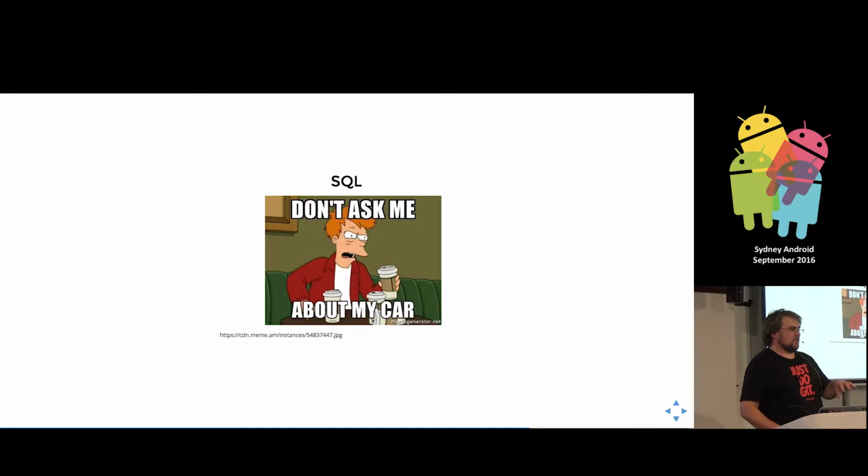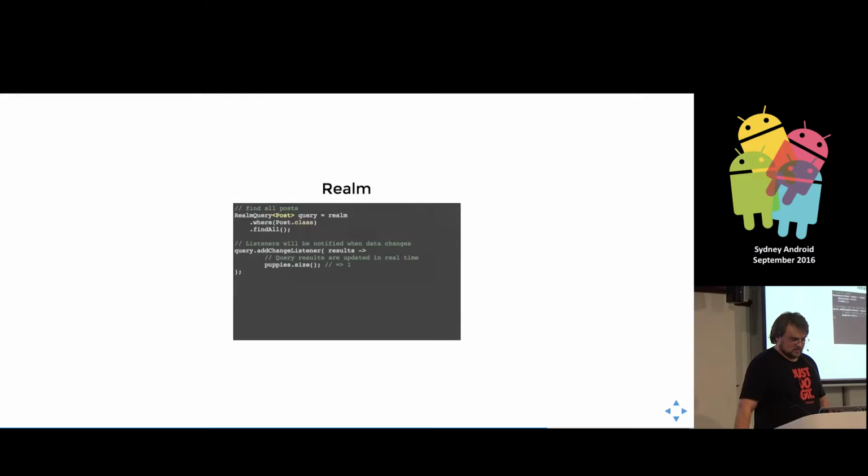I don't know if this is because of the version that Android's running or what. So if you want change notifications, you basically have to set up your own event bus or eventing system when you're updating or inserting records to notify someone that data has changed or that there is new data available. So it's kind of roll your own, so don't ask me about my code.